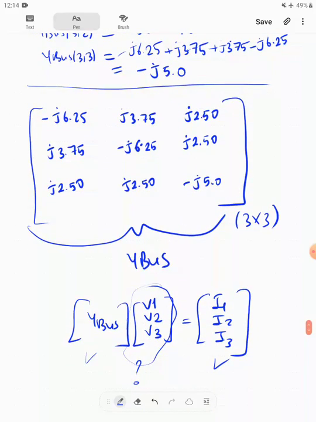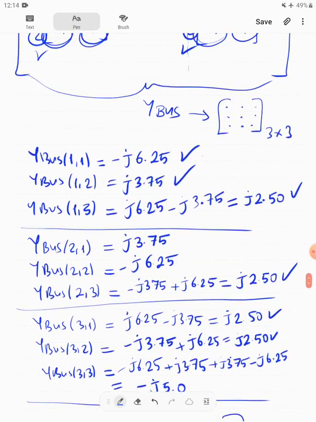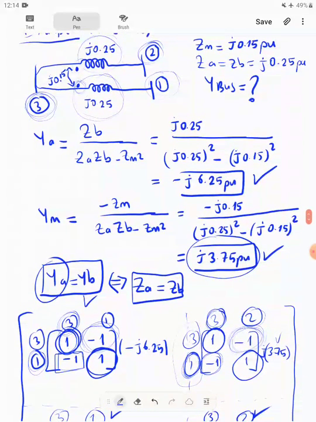Yes, there is a correction from my side. I have to say this. The mutual effect does not increase the size of the Ybus, because if mutual effect is fully ignored, since there are three buses in this example, one, two, three, the size of the Ybus will be three.